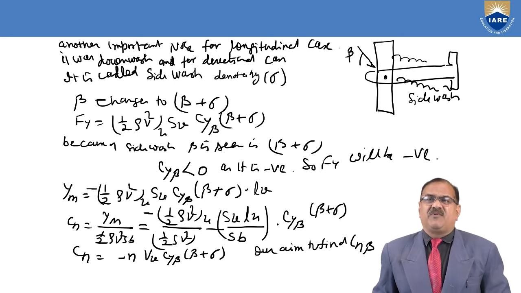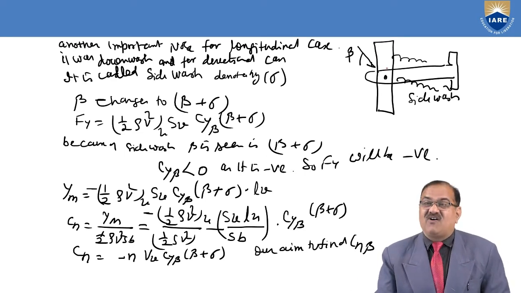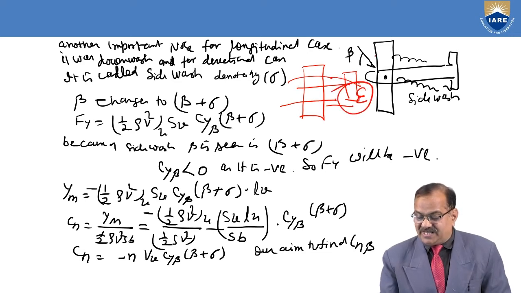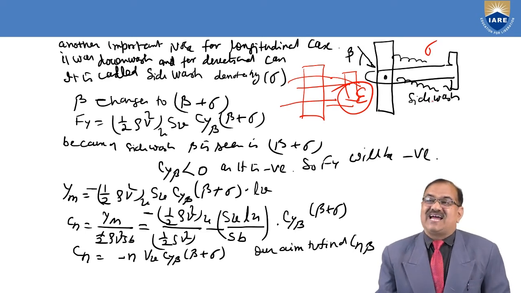Now another important point: for the longitudinal case, we have seen the downwash, epsilon. But for the directional case, we have sidewash, which is denoted by sigma. For our longitudinal case, it was downwards, epsilon, but here we have sigma, called the sidewash.